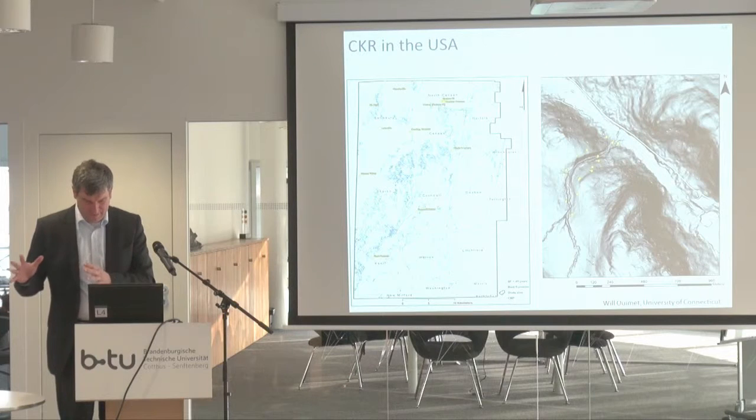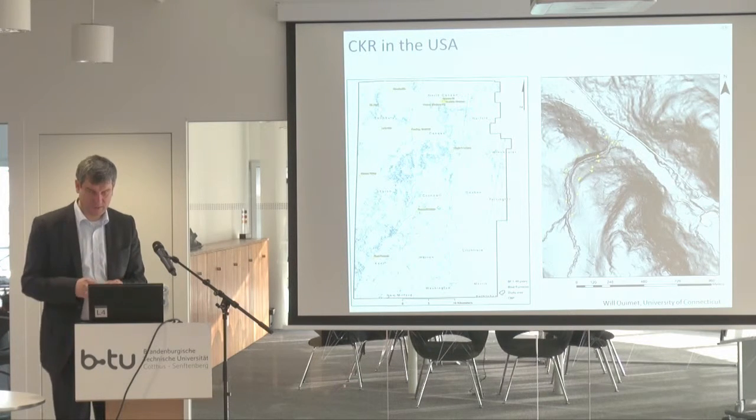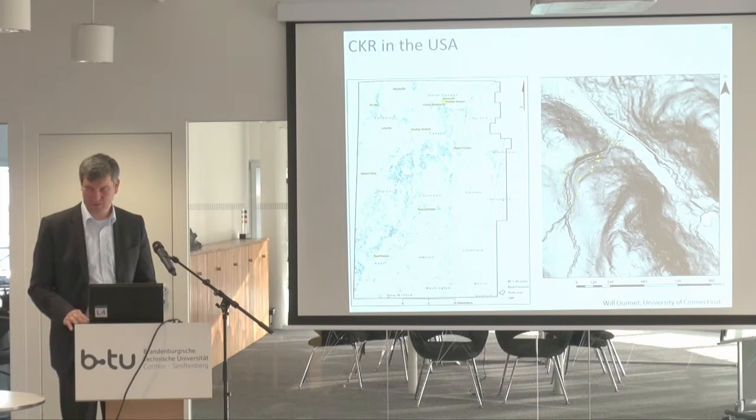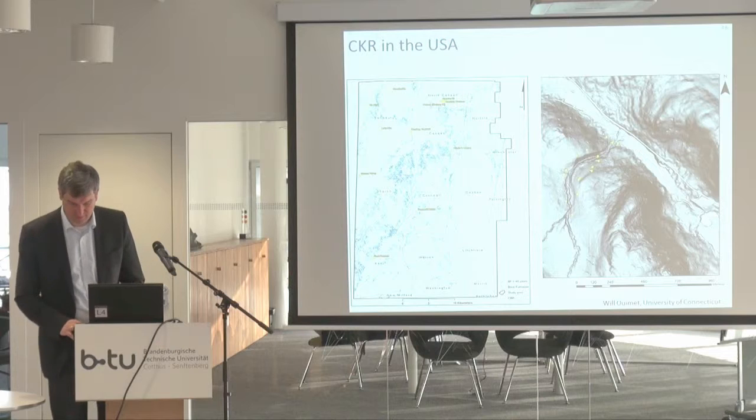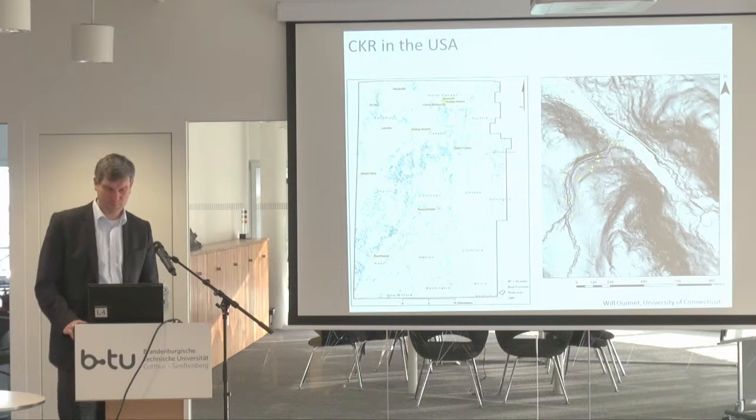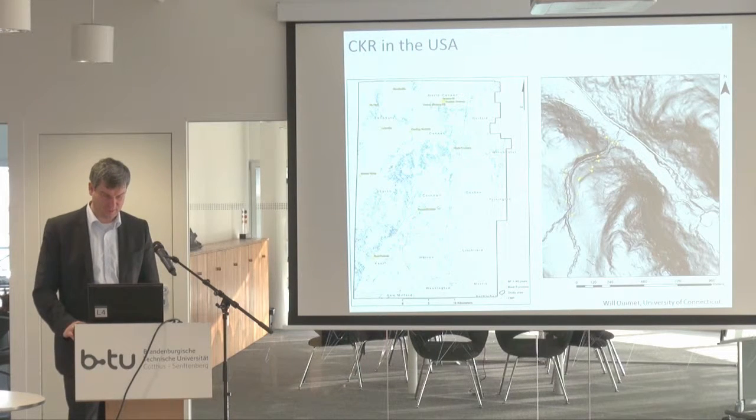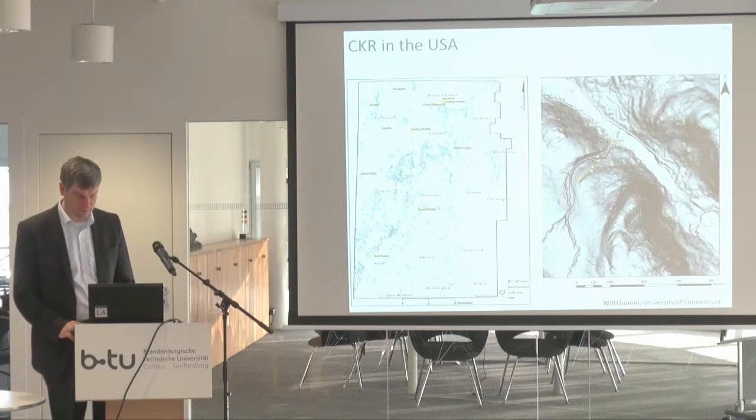Okay, at the end, I would like to emphasize that this finding is not just a regional one. It's a very recent one, and it's really fascinating to see that we now have proof of these charcoal kiln remains, but there are other areas over the world where we find them.